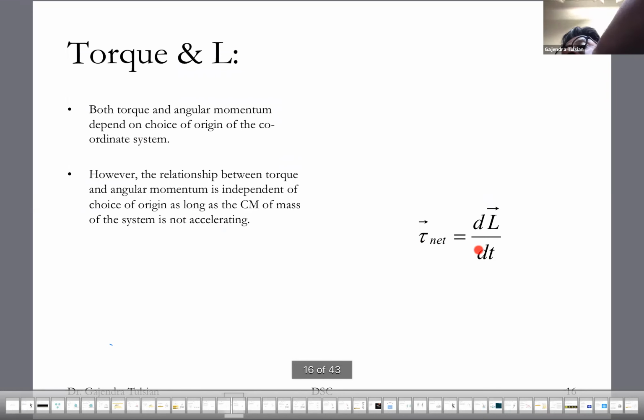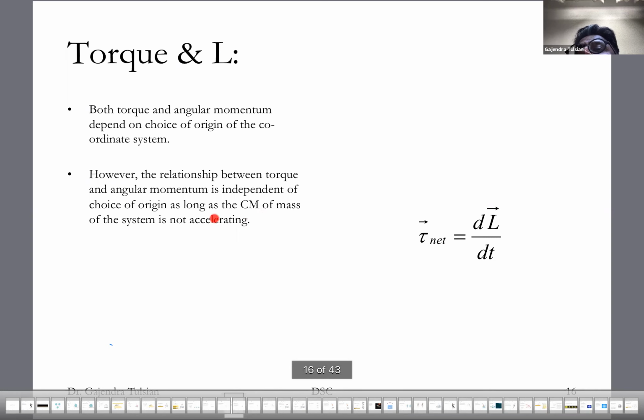So this equation is valid no matter what point you calculate the angular momentum and torque about, as long as it's the same for both of them. So this equation is independent of the choice of the origin, as long as the center of mass is not accelerating.